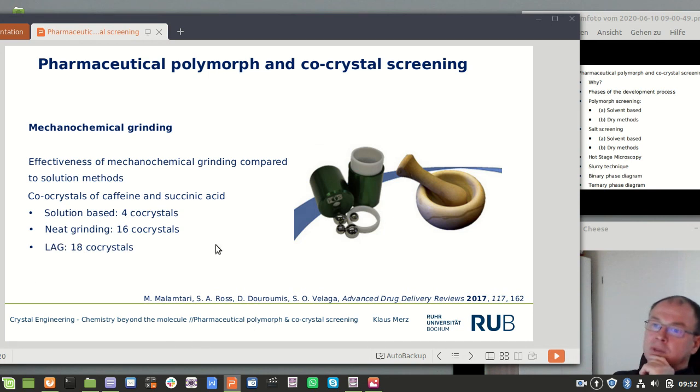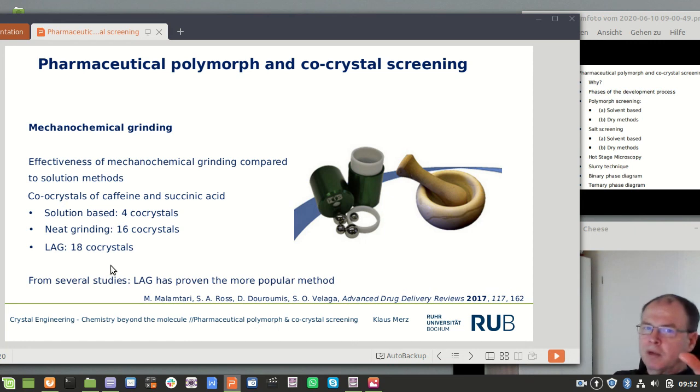And if you use liquid assisted grinding, you will get 18 co-crystals. And you remember a similar slide I showed you some minutes before. So in general, if you look at several studies, you can summarize that liquid assisted grinding is the most popular method among the mechanochemical grinding methods. Liquid assisted grinding, I think the results are really impressive.